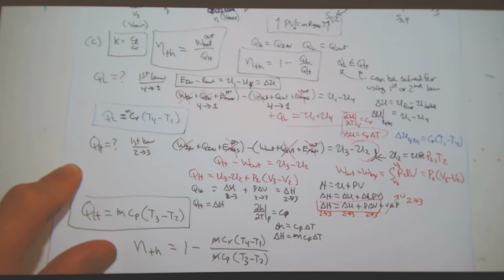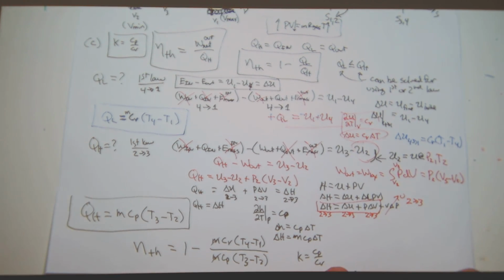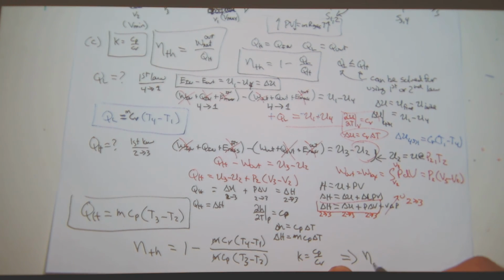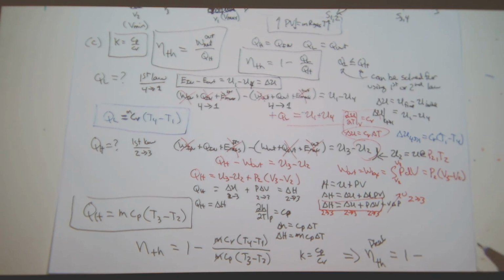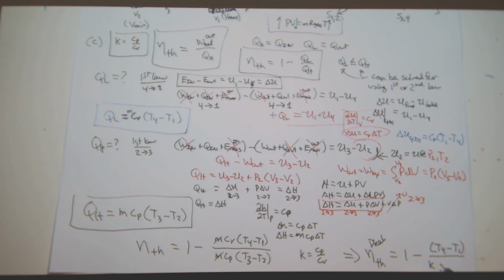Cross out the m's. k is equal to Cp over Cv, which finally gives me the thermal efficiency of my ideal diesel cycle is equal to 1 minus (T4 minus T1) divided by k (T3 minus T2).